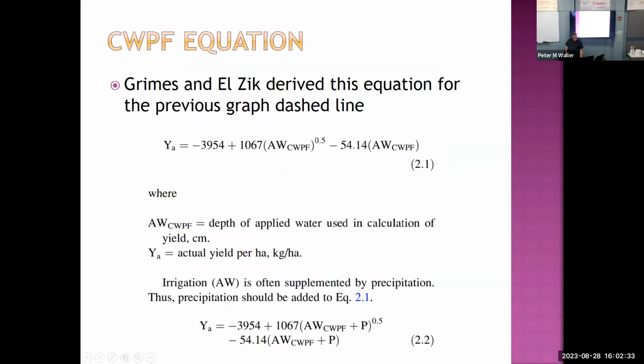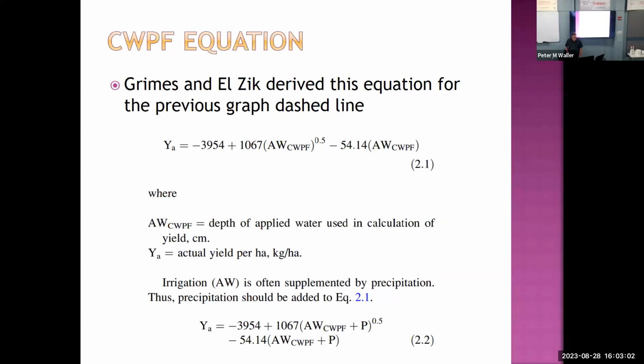So Grimes and Elzick, who did the experiment for the cotton graph that you just saw, had an experiment where they had different treatments with different amounts of water. Generally with experiments like that, you just use a regression equation to fit the data, whatever equation fits the best.